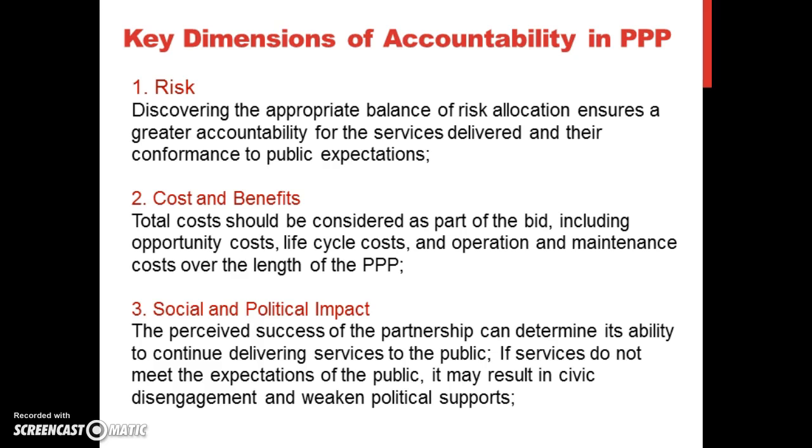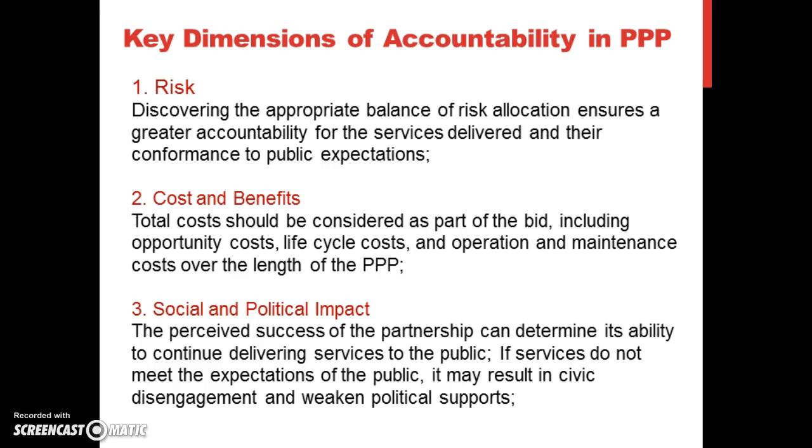accountability. The course reading identifies 6 key dimensions of securing public accountability in PPP. First, risk. Unfair risk allocation will lead to conflict between government and other partners in the future, so public managers should be careful for designing risk allocation at the first stage of building PPP.